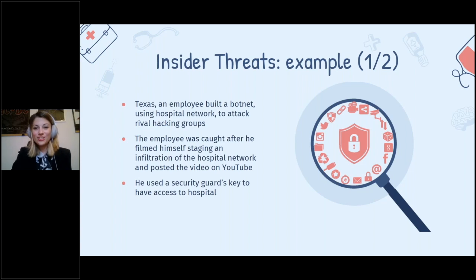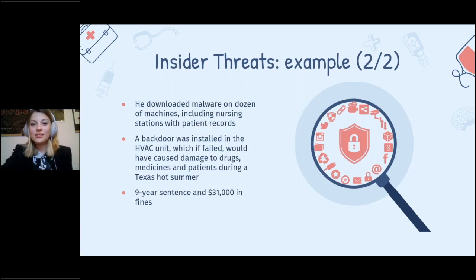The video clearly shows the individual using a specific key to infiltrate the hospital, which revealed his identity as Jesse McGraw, a night security guard of the building. And the investigation revealed that McGraw had downloaded malware on dozens of machines, including nursing stations with patient records.